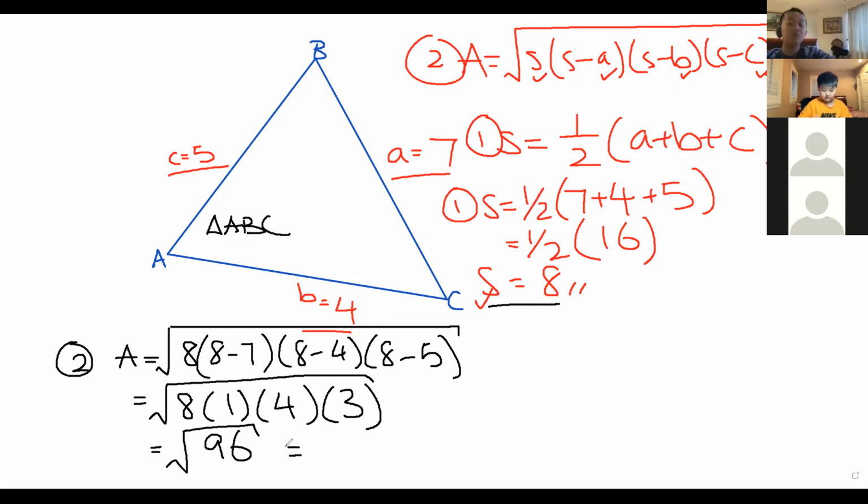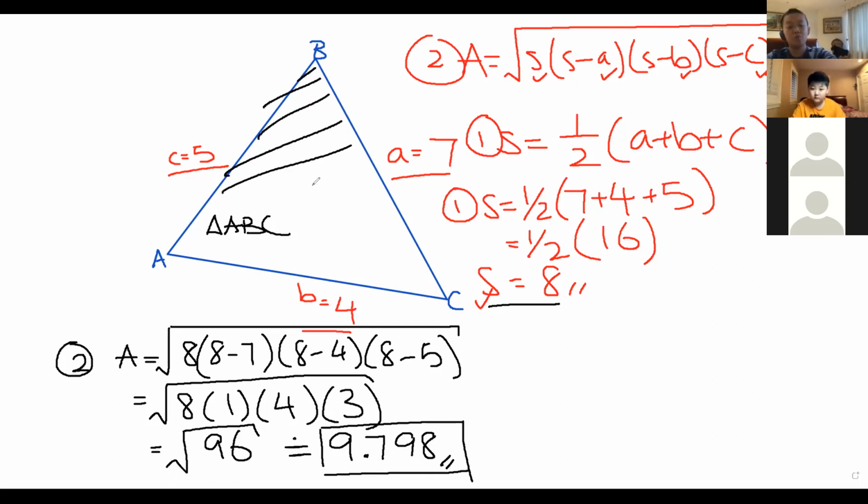So I can say that this is approximately equal, remember the little dot on top of the equal sign, to 9.798 since I'm rounding to the third decimal place. Right. And then because I have solved this formula, what this means is that the area of this triangle is 9.798.